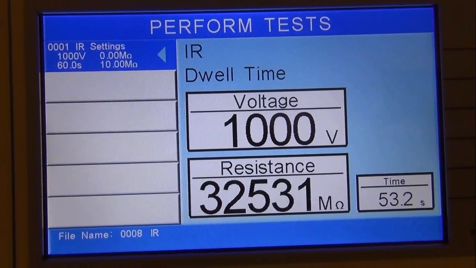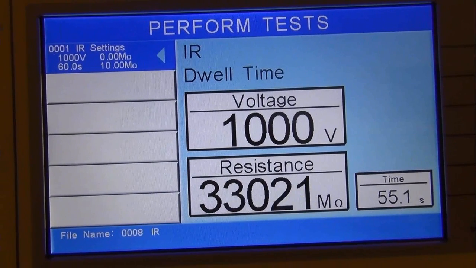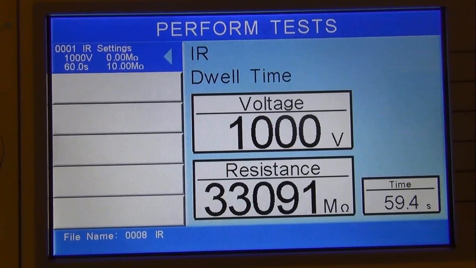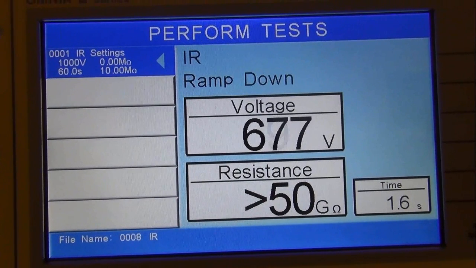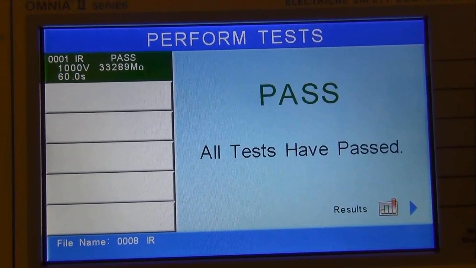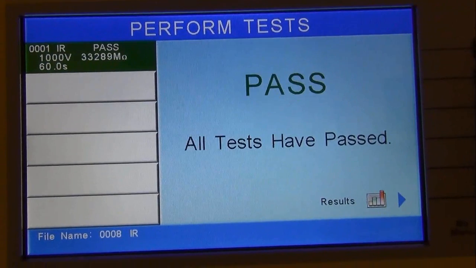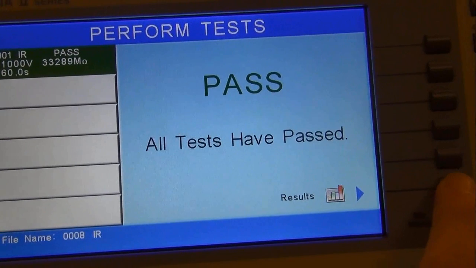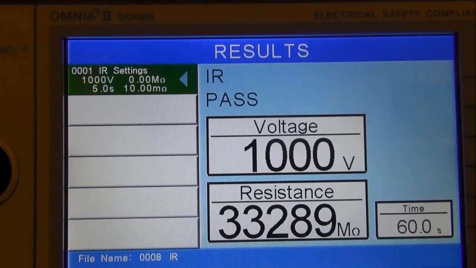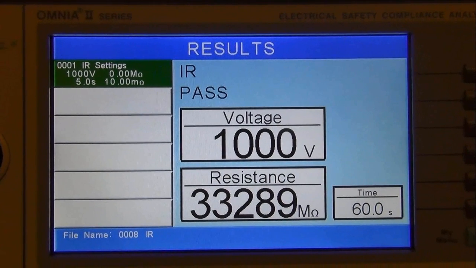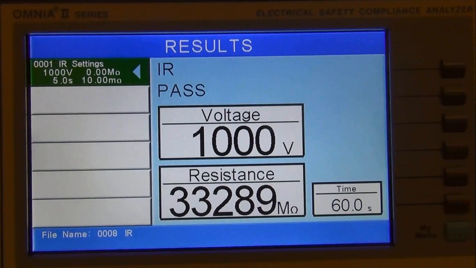So at the end of the 60-second cycle, I've added a small ramp down time because we're applying a DC potential, and as we know, all devices are somewhat capacitive, so we want to ensure it's fully discharged at the end of the test. At the end of the test, when we look at the results, the display says 33,289 megaohms.